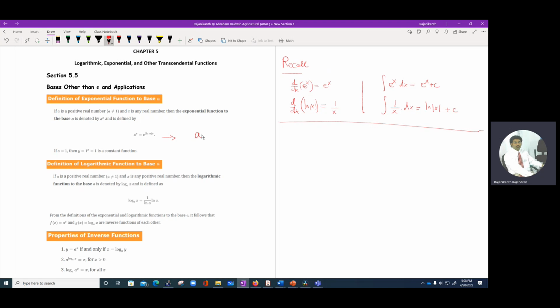Any exponential function a to the power x can be written in terms of base e, which is e to the power ln of that number a, then multiply this by x. So this property says that you could change any base into base e by using this relationship.